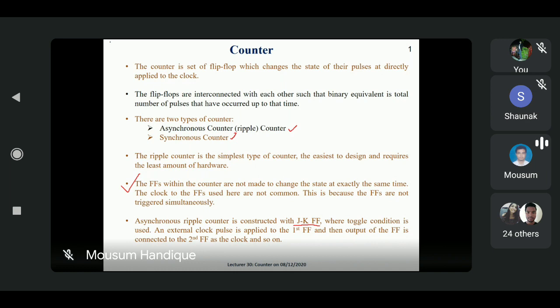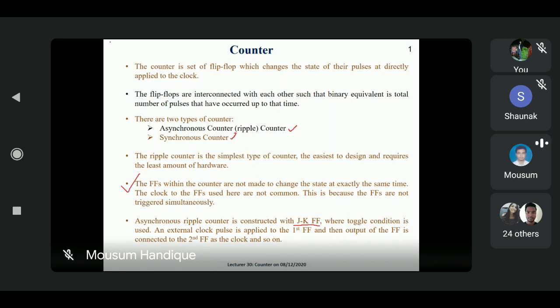But when we are using the synchronous counter, all the changes in the counter occur at the same time. In the asynchronous counter, it is not at the same time. It occurs at different times, because the clock signal of every flip-flop is different. So synchronous counter means the same clock pulse affects all the flip-flops at the same time. That is the main difference between the asynchronous counter and the synchronous counter.